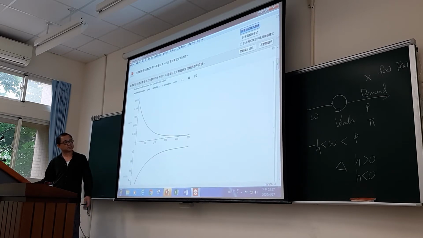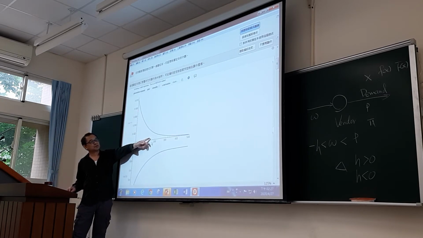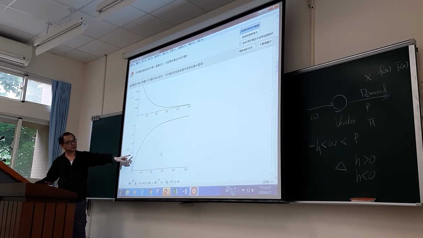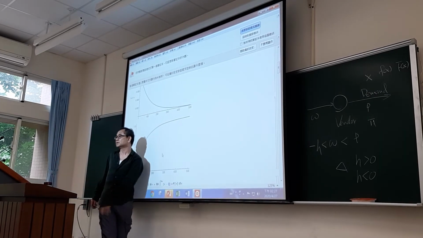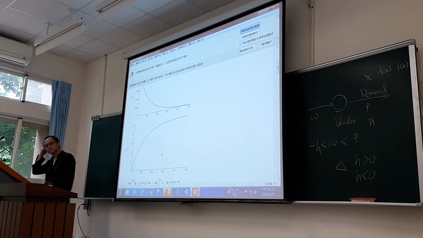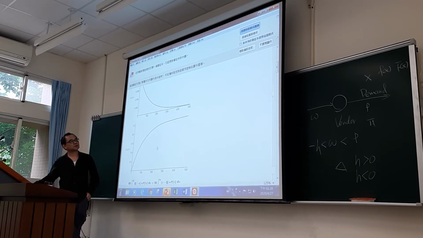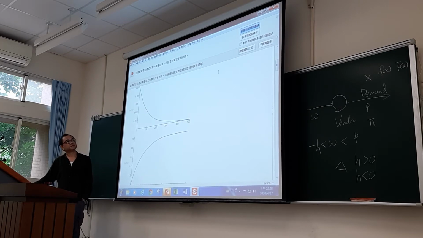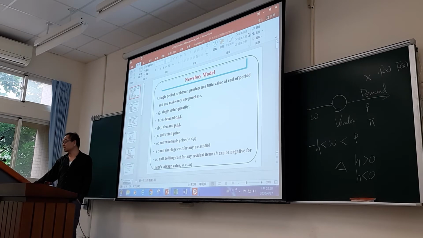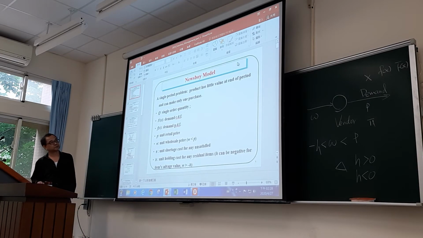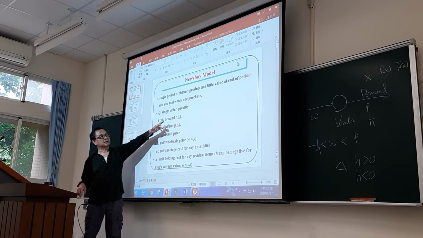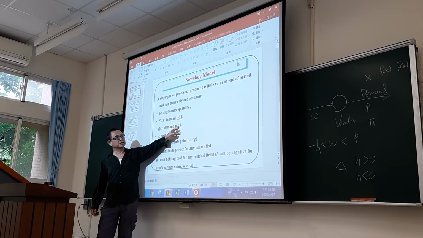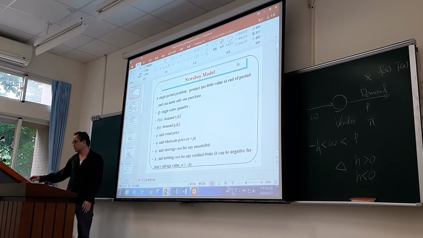So this is the distribution for the exponential distribution, and this is the cumulative density function for this function. I have sent out a document to you, right? So this is a cumulative density function. Probability density function.